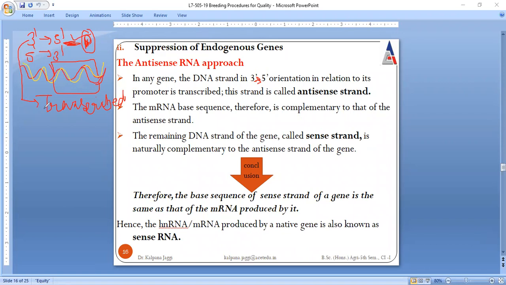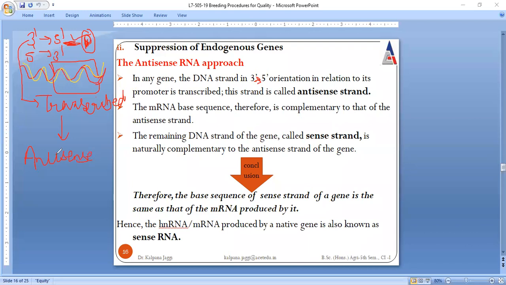When this 3' to 5' strand, in relation to its promoter, is transcribed, then this strand is called the antisense strand, very important. So what is the antisense strand?